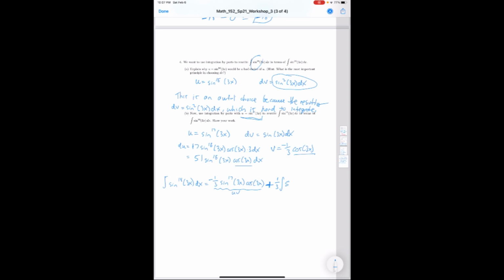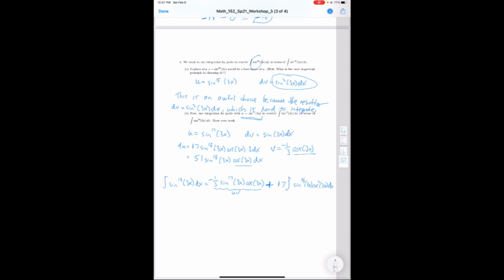So that's going to be 51 sine to the 16th 3x cosine squared 3x dx. Now, I should point out that I can combine this 1/3 and this 51, so let me do that. That just gives us 17. So that's going to be 17 integral of that.